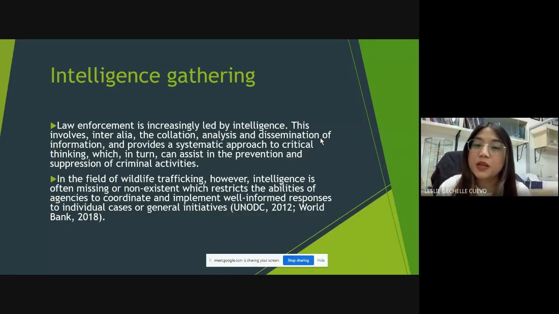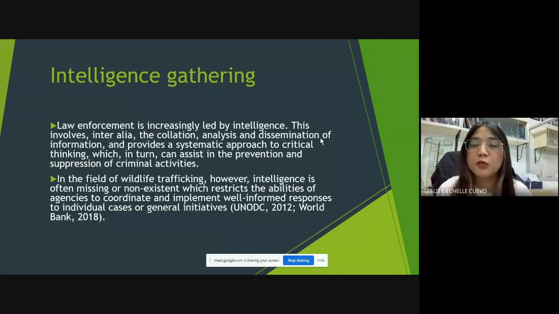Intelligence gathering. Law enforcement is increasingly led by intelligence kasi wala namang mga kriminal na sasabihin nila muna kung ano yung plano nila. Of course, almost all crimes are done covertly at pinagpaplanuhan na yan.